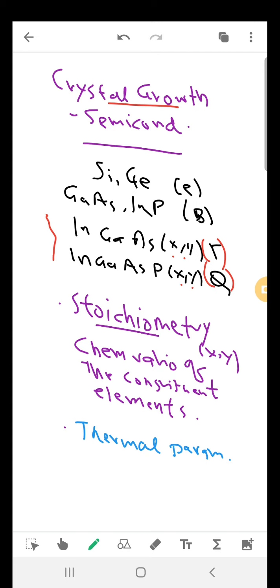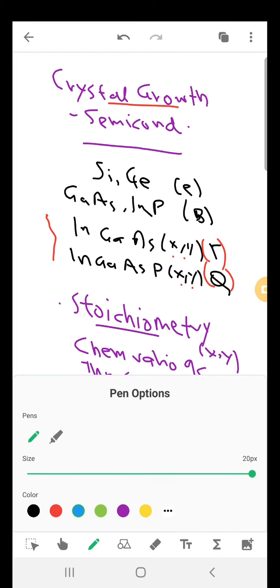Now, why is it so? Because these materials usually have a volatile component at high temperature, so that has to be taken care of. So volatility is a factor.